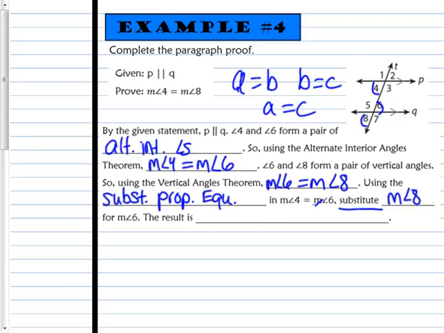So instead of measure of angle 6, I now have the measure of angle 8 in there. So the result is therefore that the measure of angle 4 is equal to the measure of angle 8. Okay? I substituted the measure of angle 8 in for the measure of angle 6 because I already knew this. And since measure of angle 6 and measure of angle 8 are equal to each other, I can substitute measure of angle 8 in, and therefore I'm able to prove my statement.